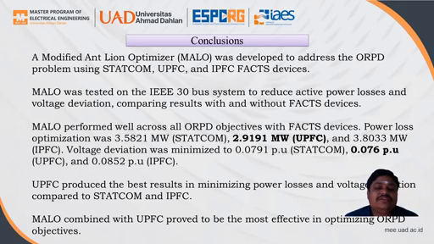Similarly, voltage deviation was minimized to 0.0791 per unit with the STATCOM, 0.076 per unit with the UPFC, and 0.0852 per unit with the IPFC. The UPFC produced a better result in minimization of power losses and voltage deviation compared to the STATCOM and IPFC. The modified Antlion algorithm combined with the UPFC produced the most effective and optimized ORPD objective.